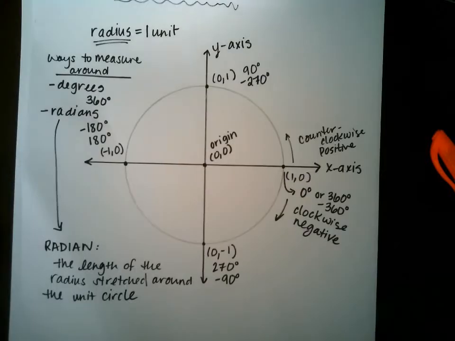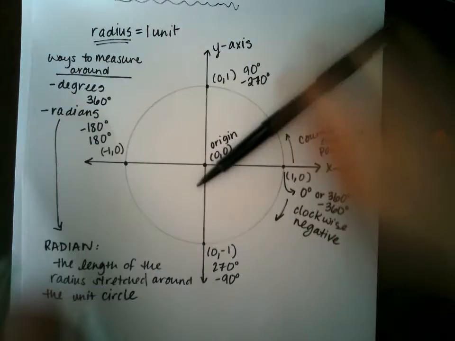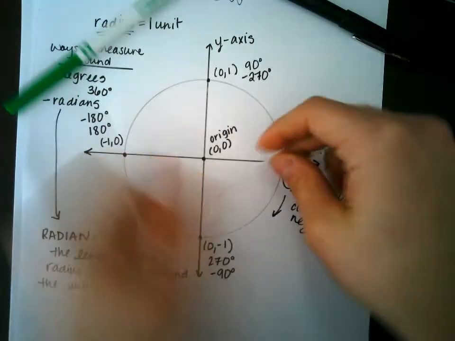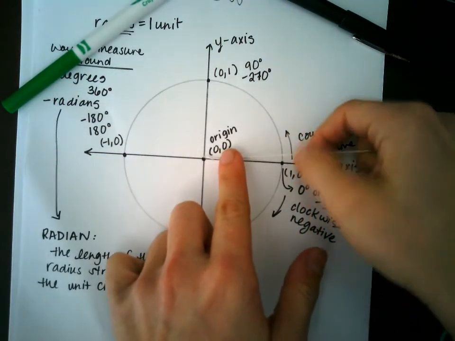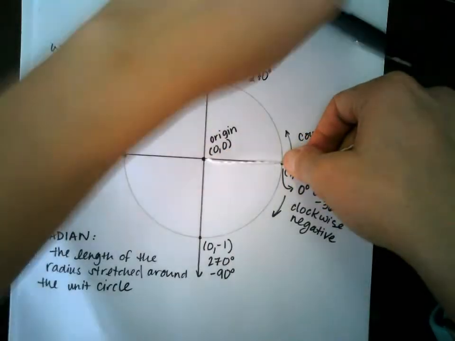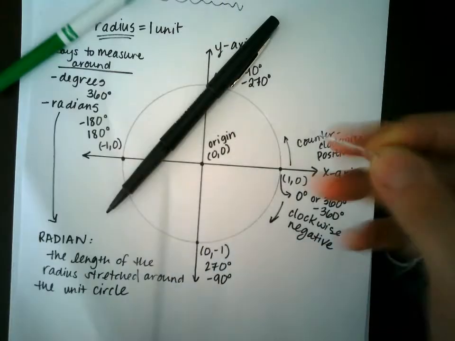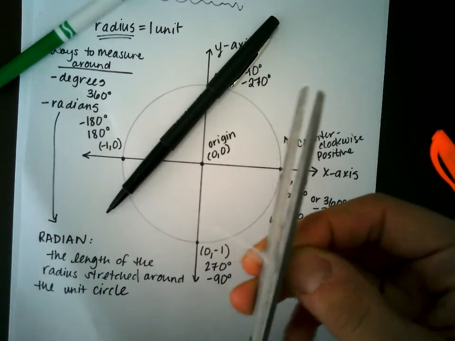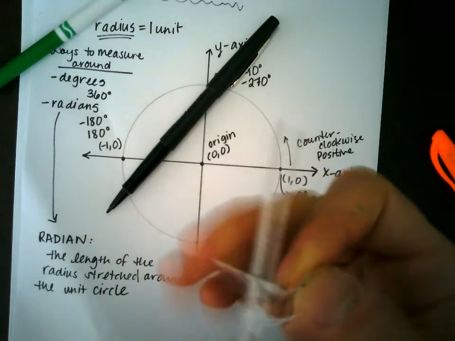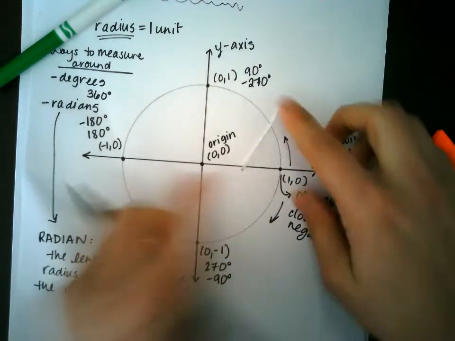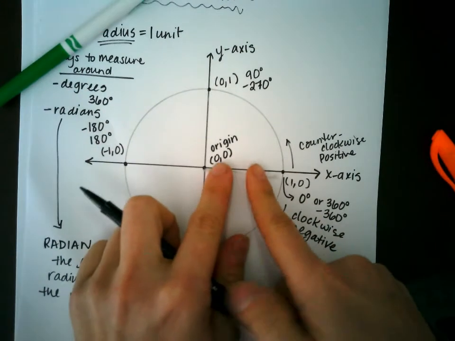Again, the length of the radius stretched around the unit circle. So for example, if I were to take a piece of string and cut it to exactly the length of the radius, which is 1 unit, so I cut that string to exactly the length of the radius, like so.